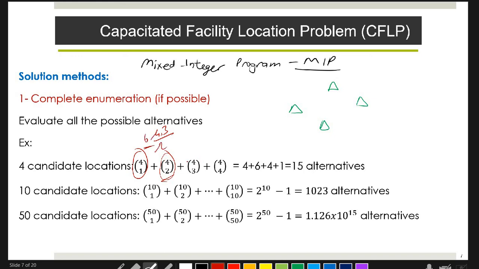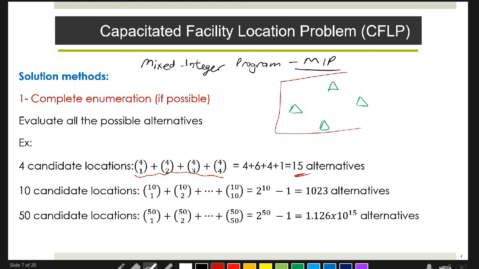Or you can select 3 out of 4, or you may want to establish a facility at each one of these alternative sites. And we don't know which or how many facilities to open is the best. So the total number of alternatives that you have to evaluate before identifying the optimal solution is the summation of these values, which makes 15.